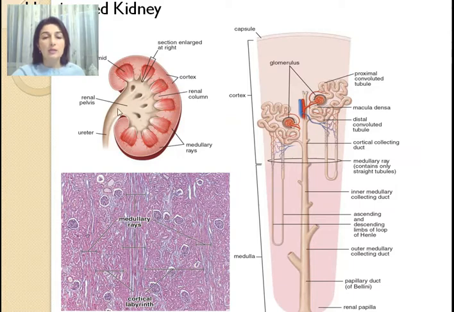In the concave side, we have the hilum of the kidney, through which renal arteries and nerves enter the organ, and renal veins and ureter exit the organ. The organ is covered by a connective tissue capsule.